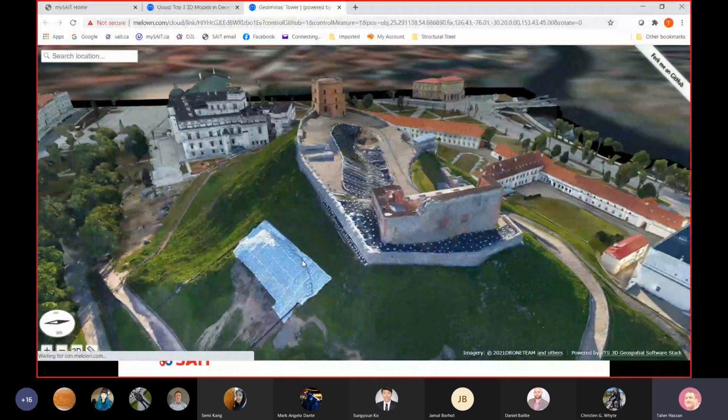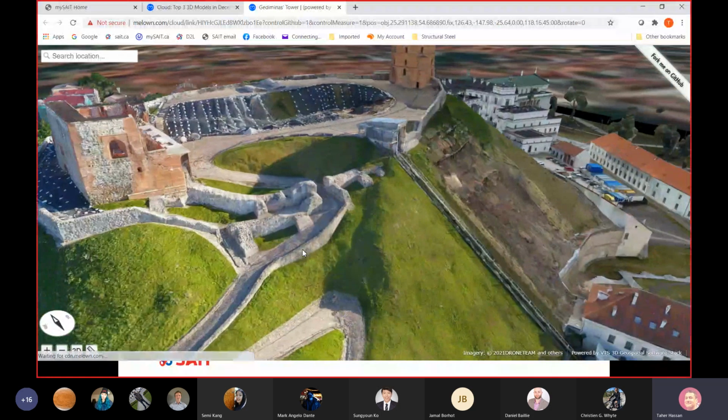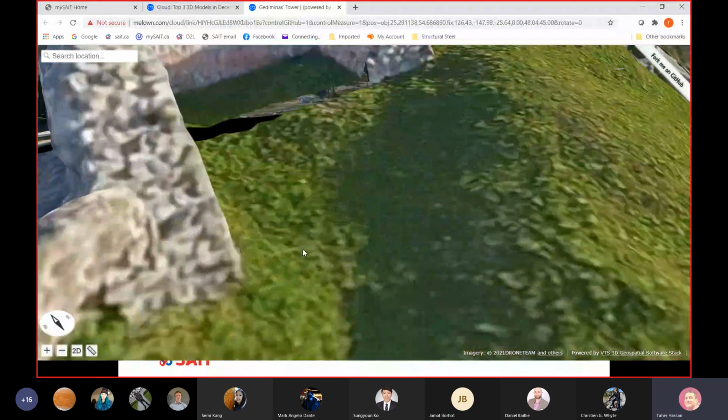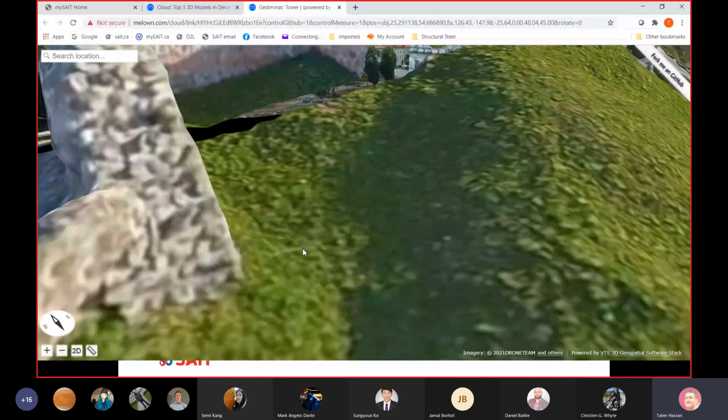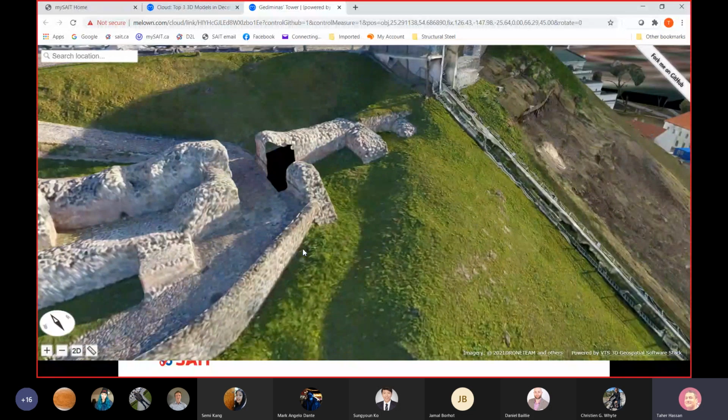Really, what I want you to pay attention to is the amount of details that we're getting. The amount of details is amazing. You can see I can get a ground resolution of maybe 5 centimeters. What does it mean? It means I will have a data point almost every 5 centimeters by 5 centimeters. This is something you cannot do using a total station.